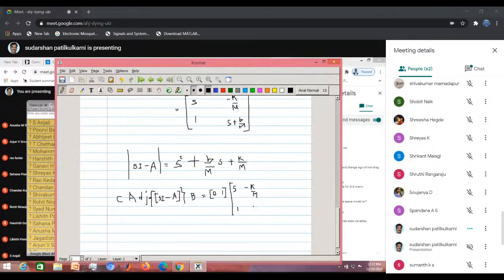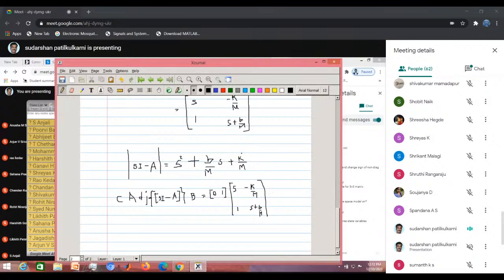Okay, so 1, S plus B by M. So that means when you multiply 0, 1 with any matrix, you are basically going to get the second row of the matrix. If it's a third order system with 0, 0, 1, then when you pre-multiply by 0, 0, 1, you will get the third row of the matrix.